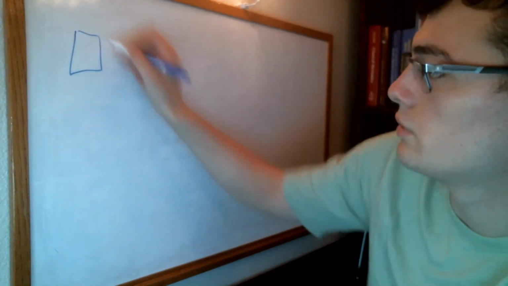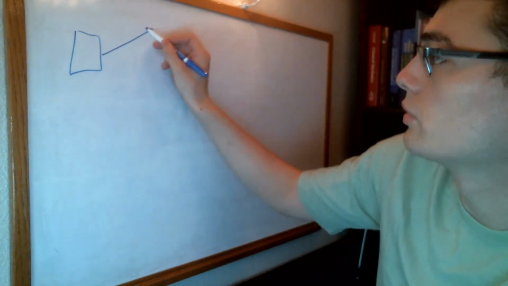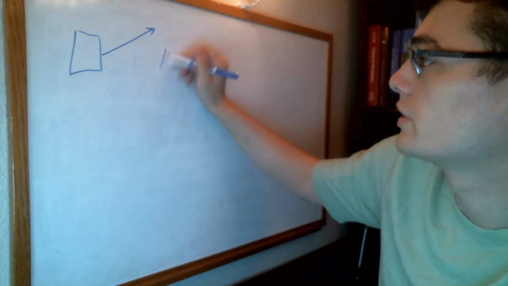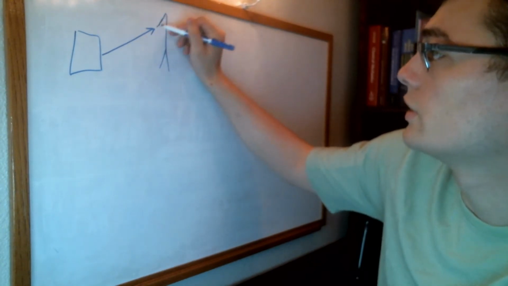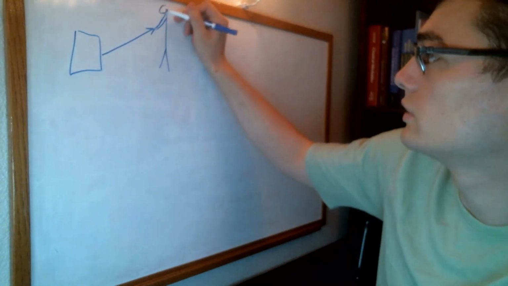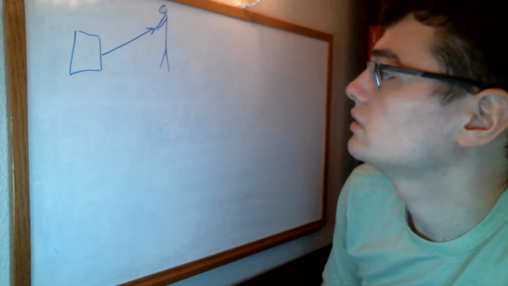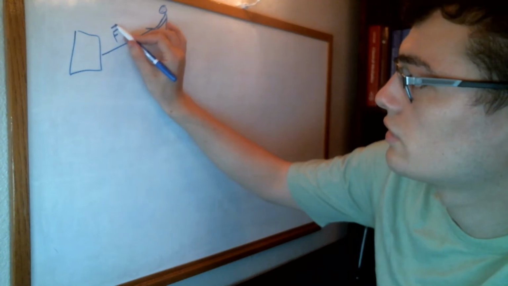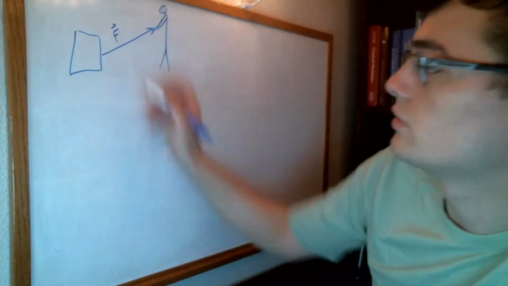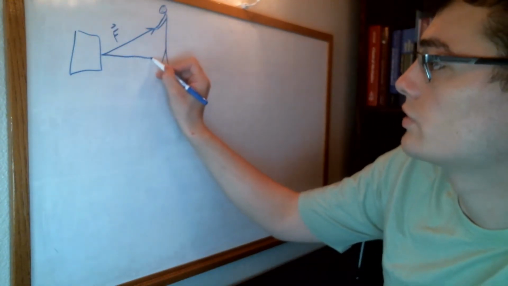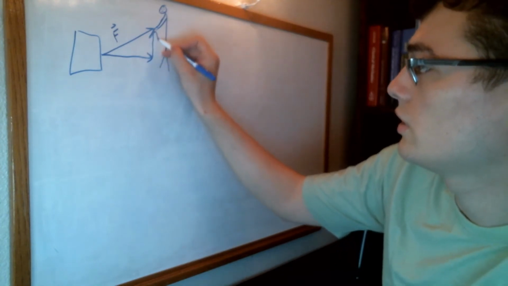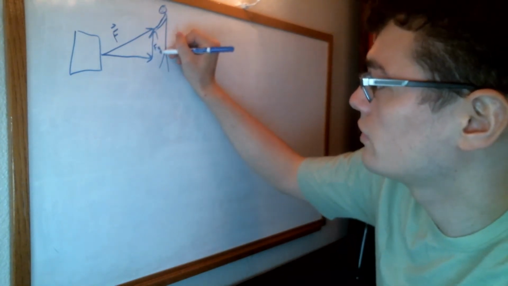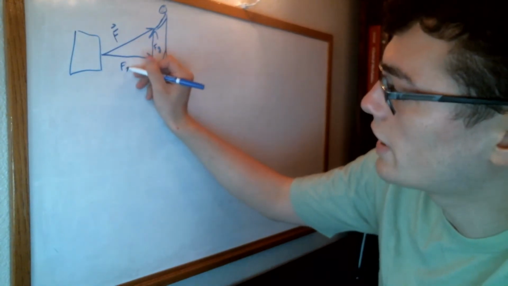So for a force, we have a box here, and we're pulling on it in this direction. So this is us here, and this is us pulling it. And we exert a force in this direction here, F. And so this force will eventually break down into two other force vectors, F of y and F of x.